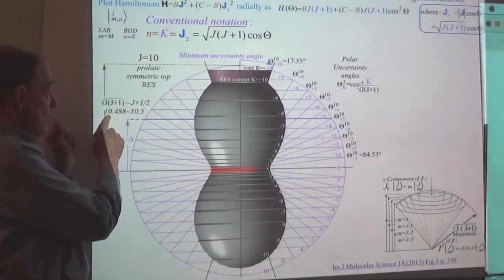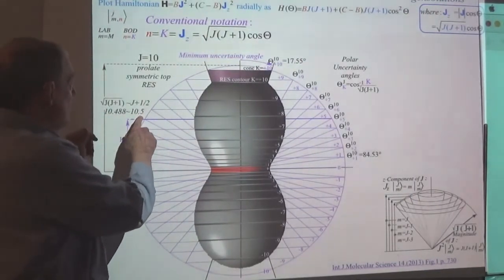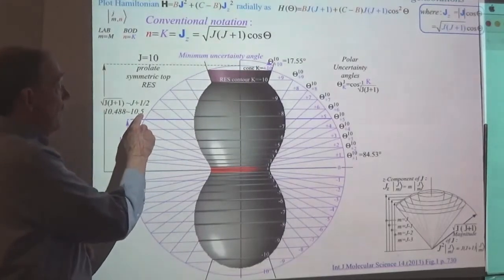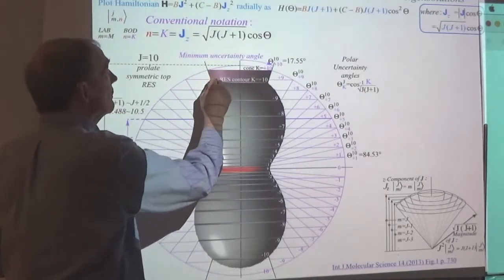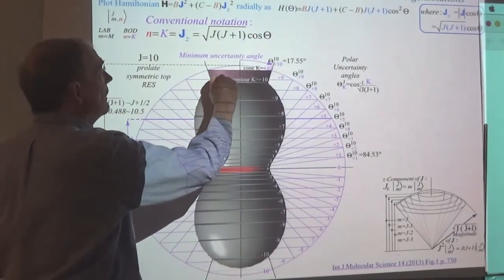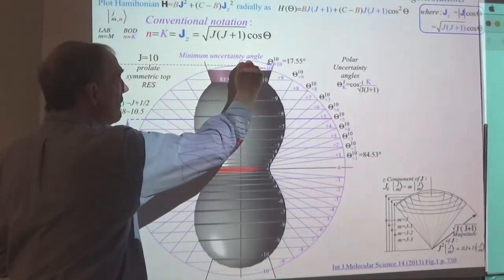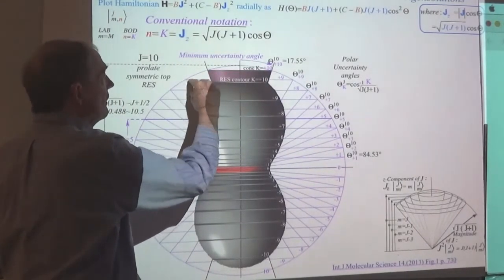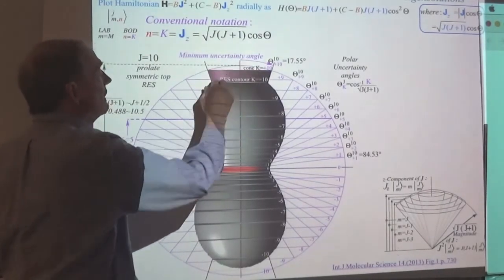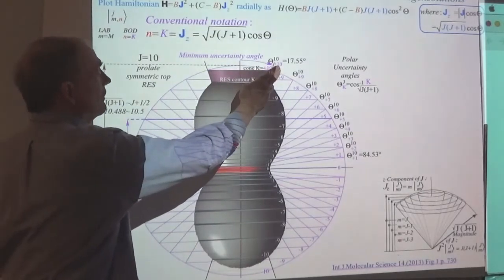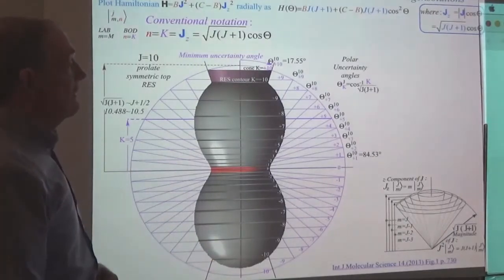It's actually supposed to be 10.488, but that's within 1 decimal of 10.5. So the top of the cone here is just a little bit below a half of that distance between the quanta. So this is 1 quanta, there's a half a quanta right there, that this thing starts its value at the highest value, 10, of Z component.